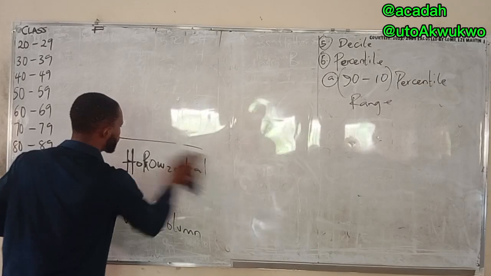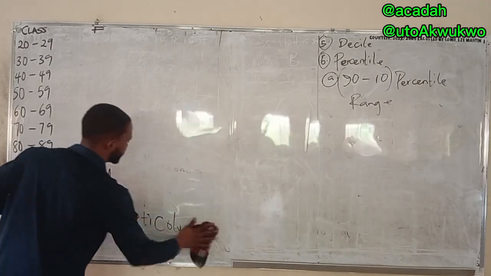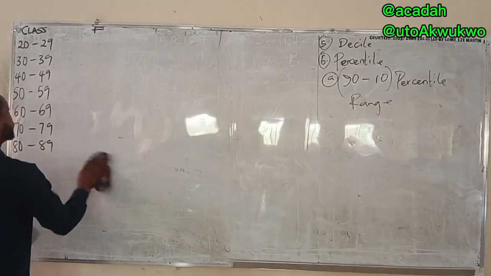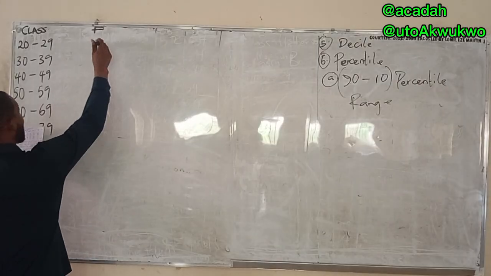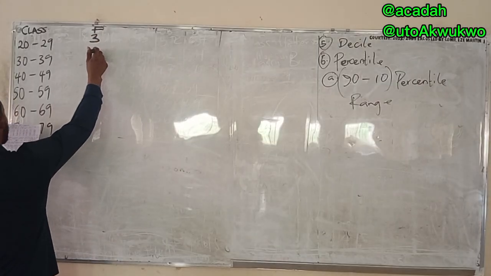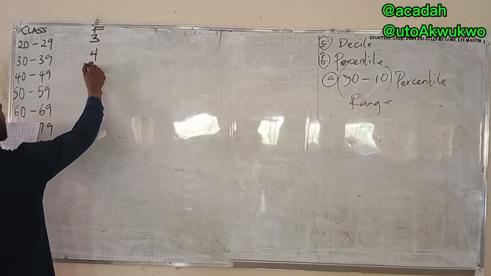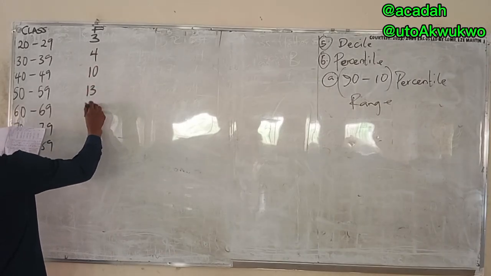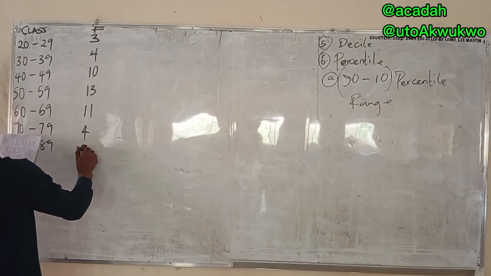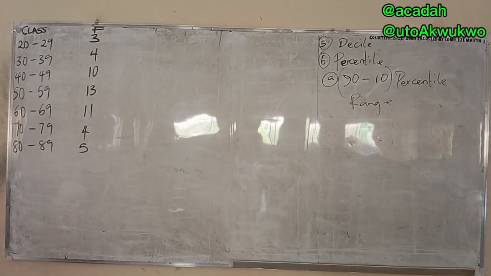Going this way, that is how I'm doing it. So I have just 10. If you run it, you see that I won't be wrong to put that. You get it from the top. So you get 4, so you get 10, so you get 13, so you get 11, so you get 4, so you get 5.